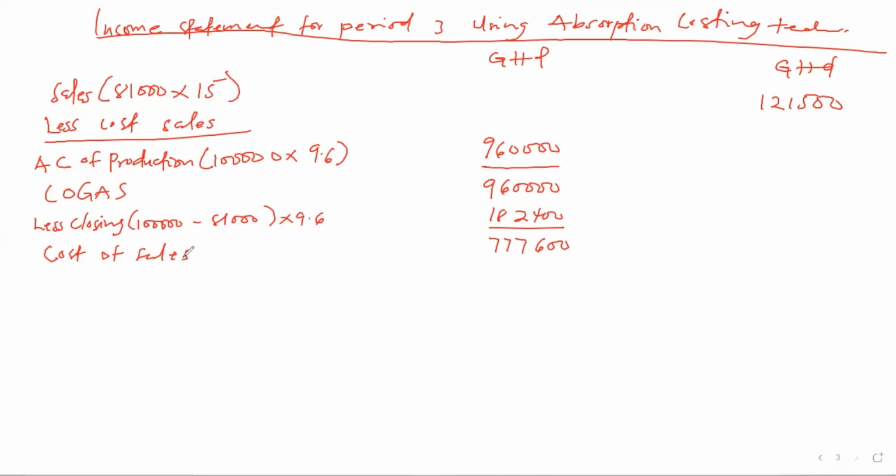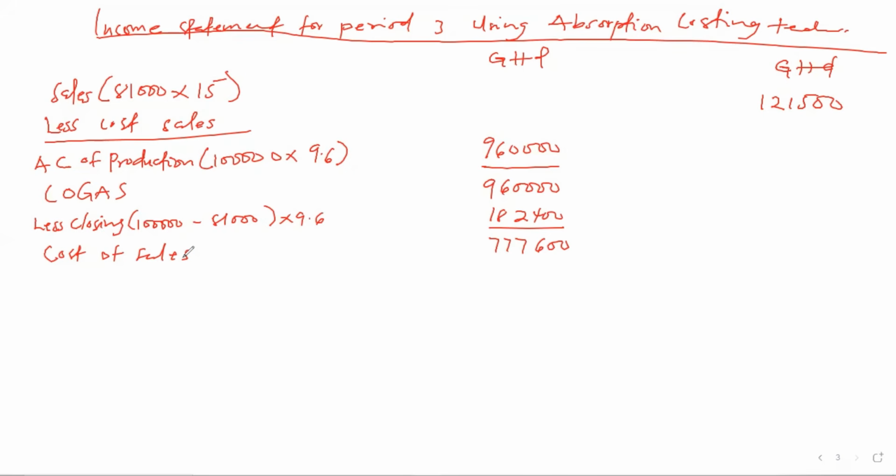When there is under absorption, you add to cost of sales. And when there is over absorption, you less from cost of sales. I hope this is clear and you understand what I'm saying.